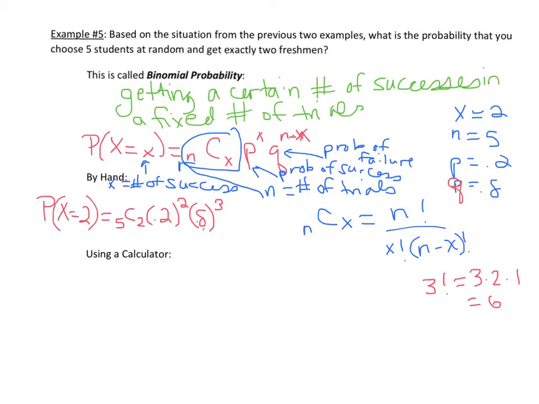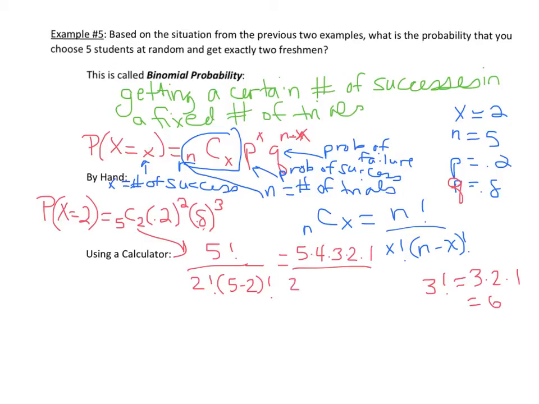So let's work out this 5C2 first. That is going to be 5 factorial over 2 factorial times 5 minus 2 factorial. I'm just going to multiply this whole thing out. You're going to do 5 times 4 times 3 times 2 times 1.